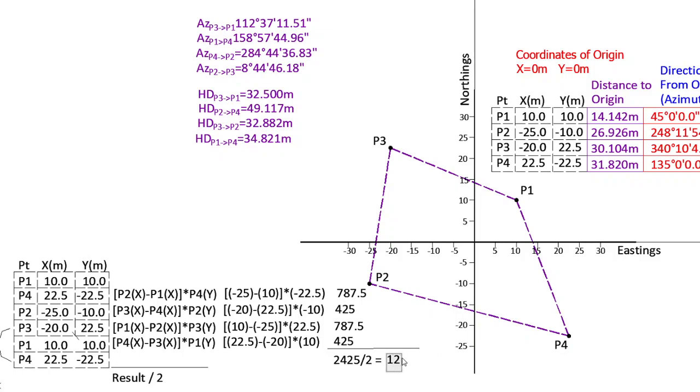So 12.5 square meters. And that's the result I was looking for. This is the area enclosed by this closed polygon, and I have the rectangular coordinates of each vertex.